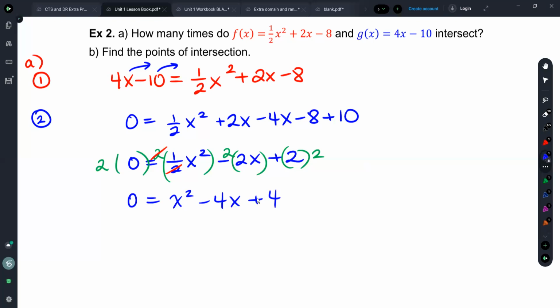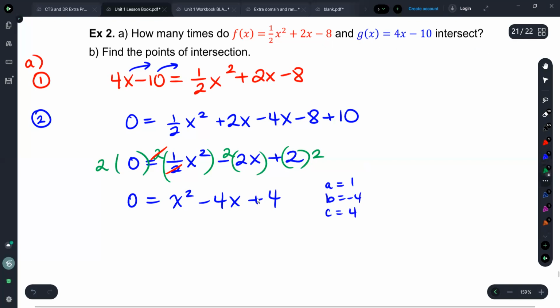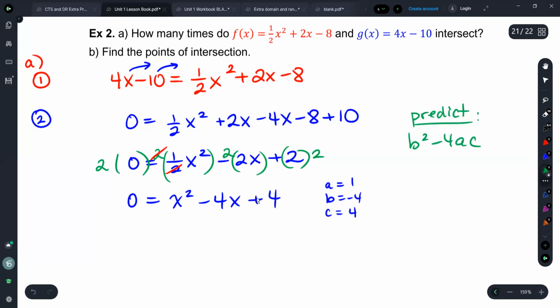Okay, so here's my options. Oh, actually, we're going to do a prediction. So how many times do these intersect? So now I have a equals 1, b equals -4, and c equals 4. So we're going to do a little prediction with b squared minus 4ac.